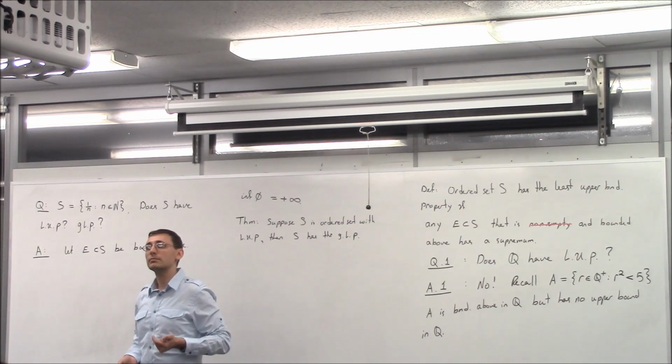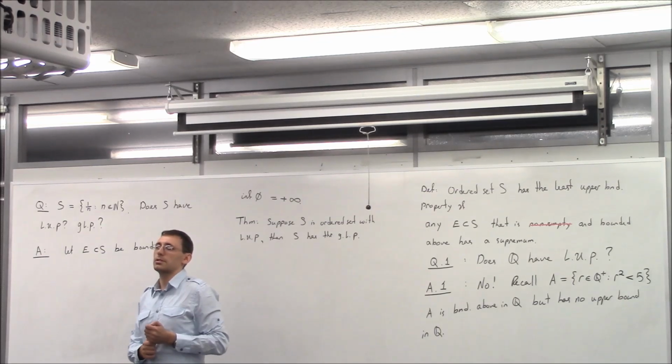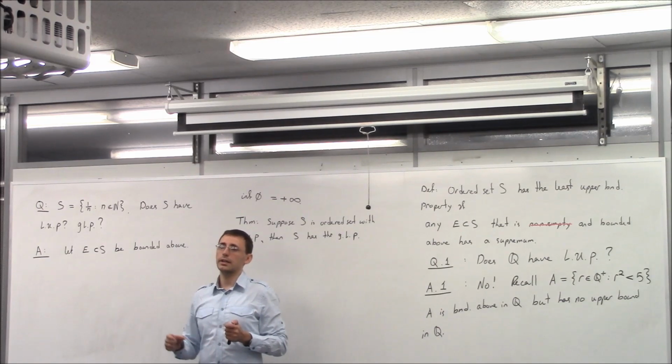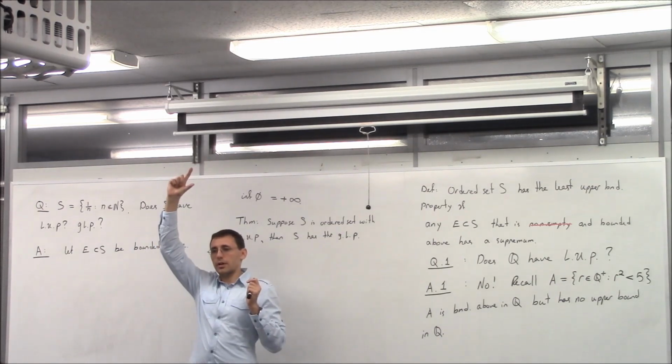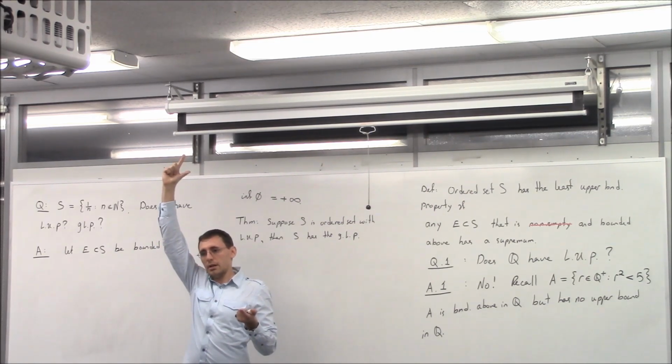Let's define E, for example, to be not starting from 1, but from 2, going to n. It doesn't matter where it starts. The question is, I found E and I found it's bounded above. What do I do? What's the biggest upper bound you can have? In this case, 1. So I say 1.